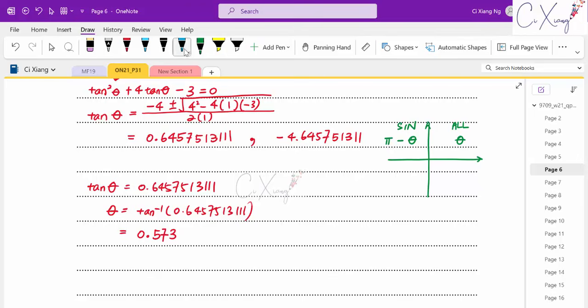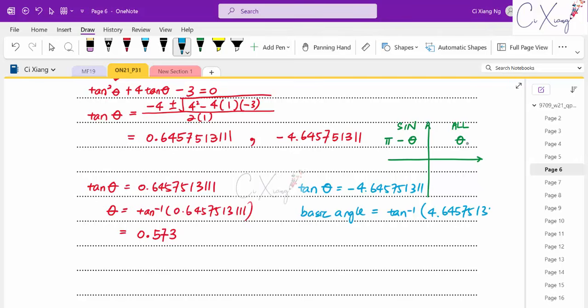Okay, then after that, I continue to the second equation. For the second equation, I have tangent theta equals negative 4.645751311. Then I want to get the basic angle. The basic angle should be in the first quadrant, so when I press the calculator, I will not include the negative sign.